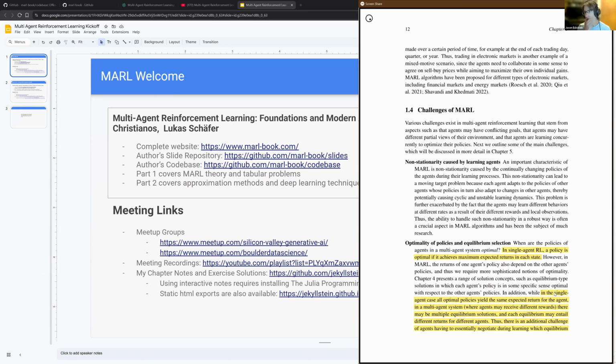We already covered these challenges in the slides, right? The non-stationarity. But really, the biggest difference in multi-agent reinforcement learning and the biggest challenge is this notion of optimality. When we talk about single agent reinforcement learning, we have the result that a policy is optimal if it achieves a maximum expected return in each state.